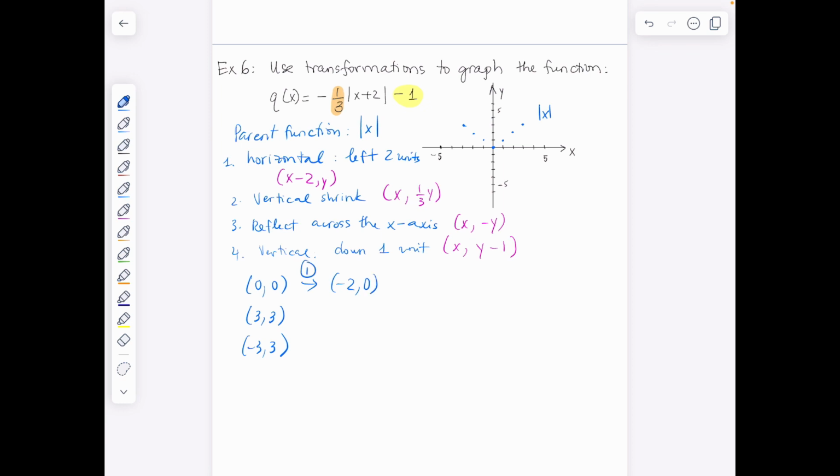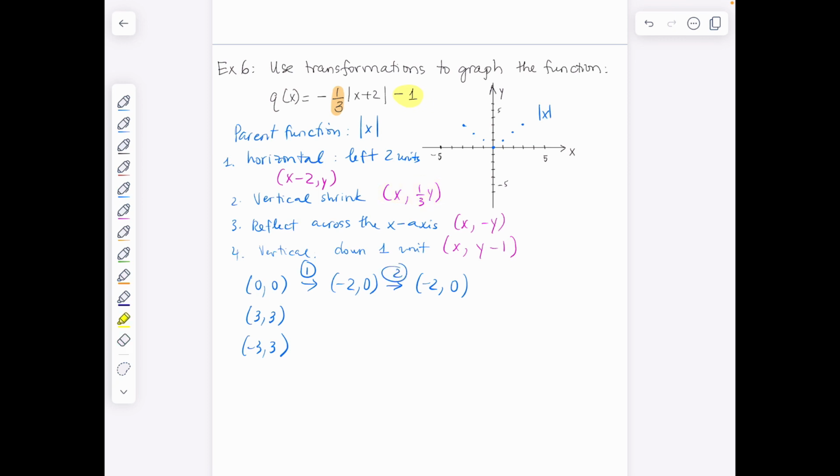There's the first transformation. Second transformation, now we need to keep x the same, so negative 2 will be kept the same, and then you will multiply the y coordinate by 1/3. So 0 times 1/3 is still going to be 0. So there's the second transformation.